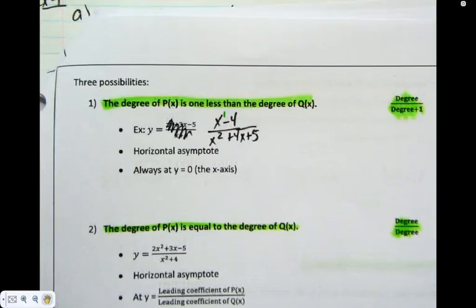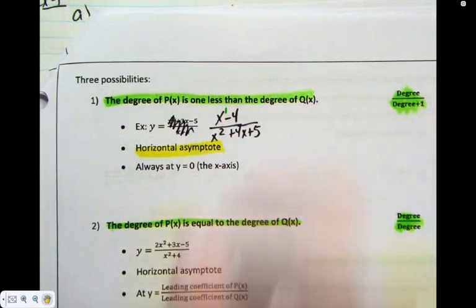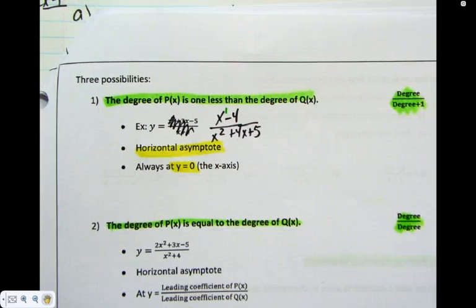Okay, what does it mean? If you have degree over degree plus 1, what that tells you is that there's a horizontal asymptote, and it's always y equals 0. It's right on the x-axis.